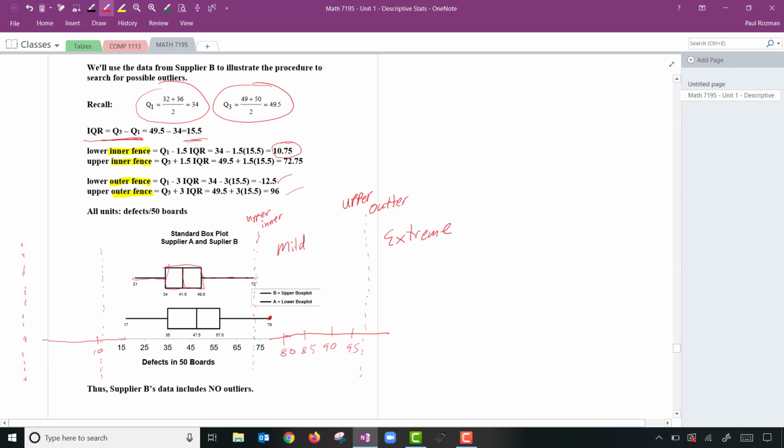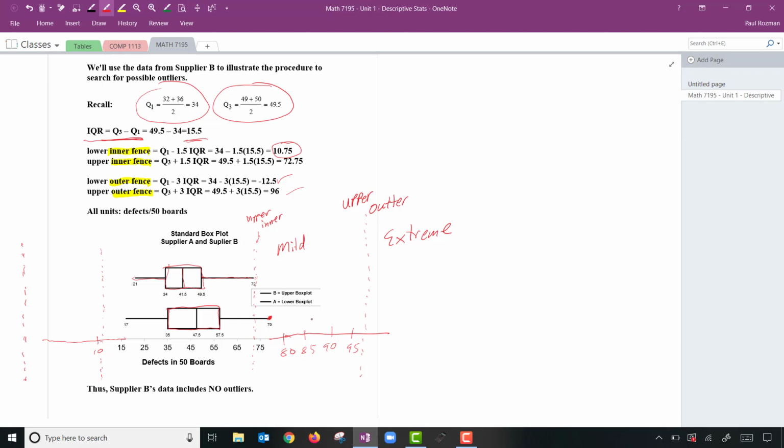So this 79 is likely not violating its upper inner fence, because when you look at the supplier A data, the box is so much wider that its upper fence will be quite a bit further out anyway. So I don't think there will be any outliers in supplier A either. But go ahead and calculate the fences for that data as well.